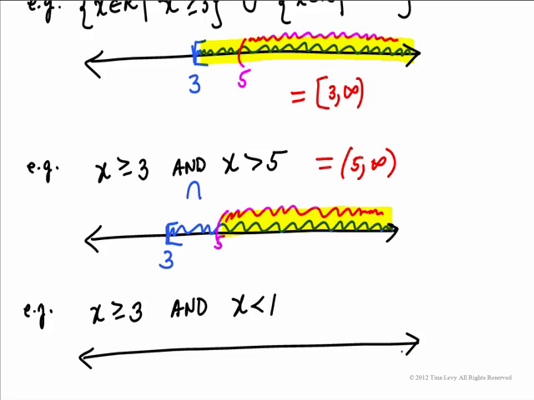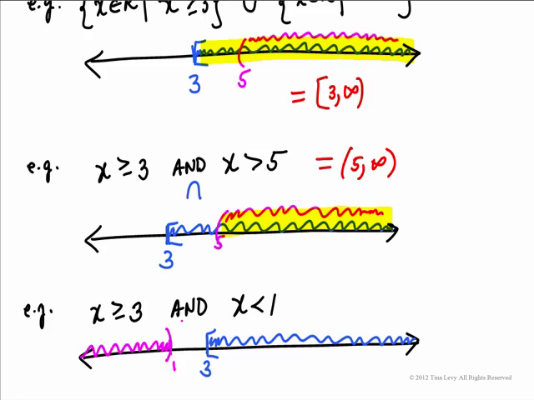We have x greater than or equal to 3, so it goes from 3, includes 3, so I have a bracket going to the right. Now the second is x is less than 1. Well, 1 is here, and less than, it's a parenthesis, but the inequality sign is pointing to the left. We shade to the left.